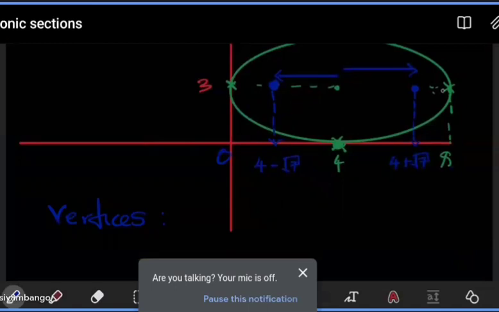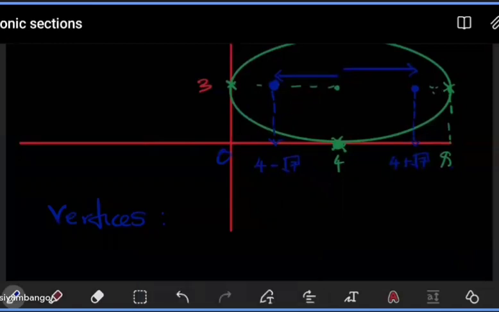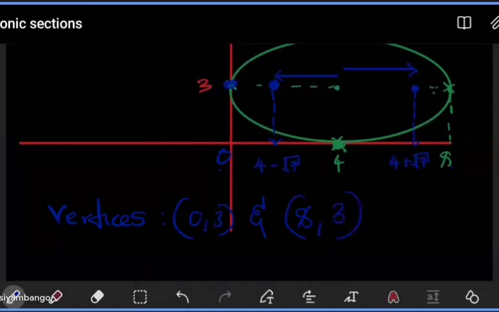This is 3, that is 3, but we can't really compact them here because 1 is 0, 1 is 8. It was easier when it was 1 is negative, 1 is positive. So for this one here, it's at 0, 3. So the first one is at 0, 3. And the other vertex, the vertex at the far end, is at 8, 3. So these are the vertices.